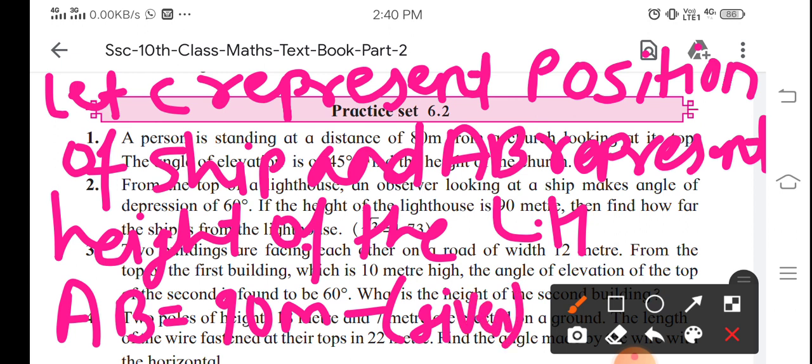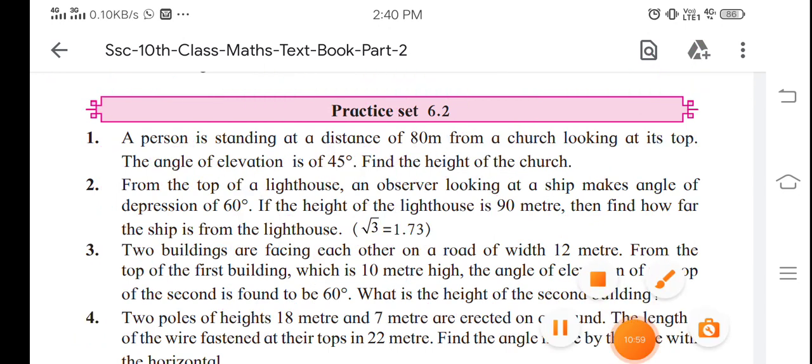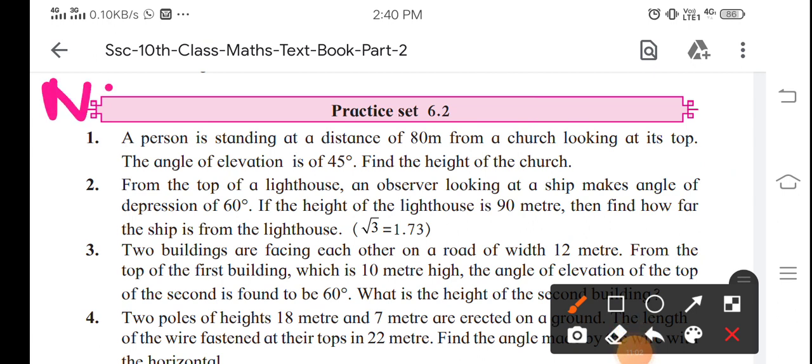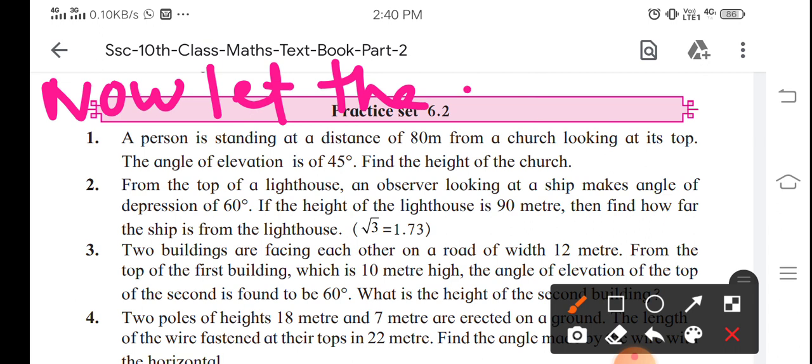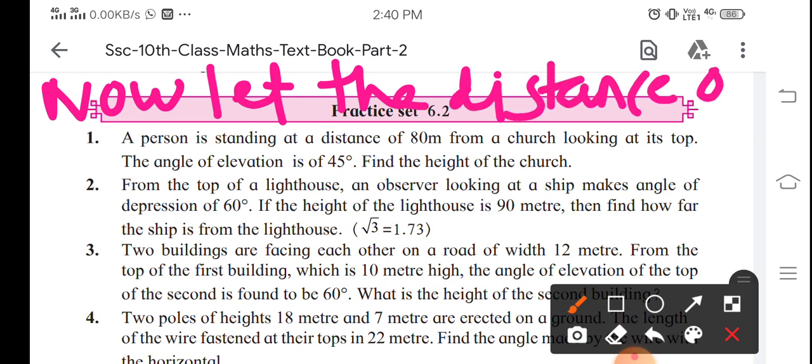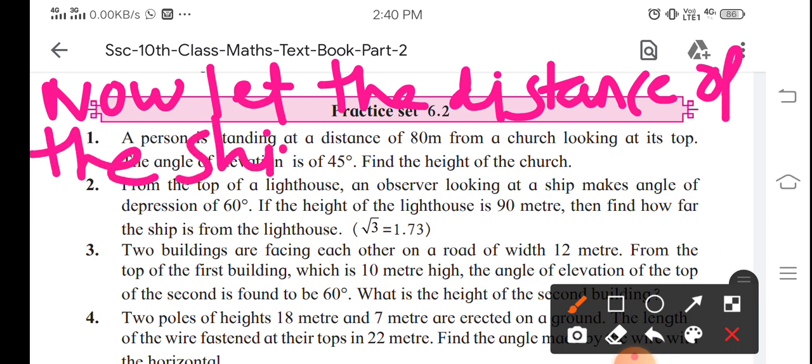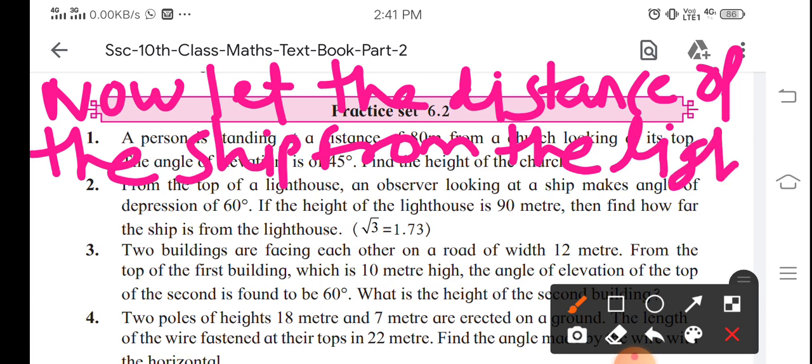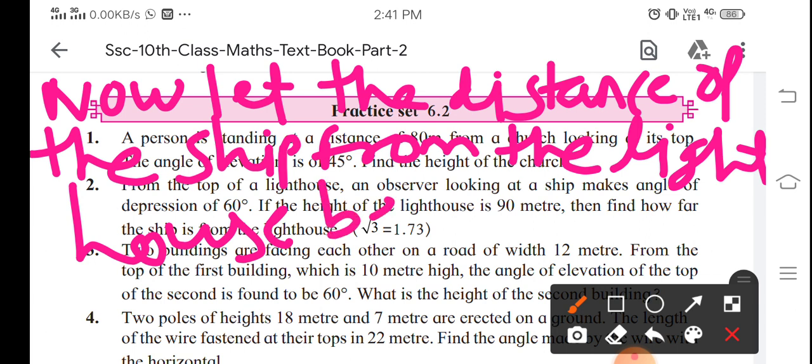Now in the next step, you have to write the assumption. Now we are going to assume the distance. Just write over there: let the distance of the ship from the lighthouse be x meter.